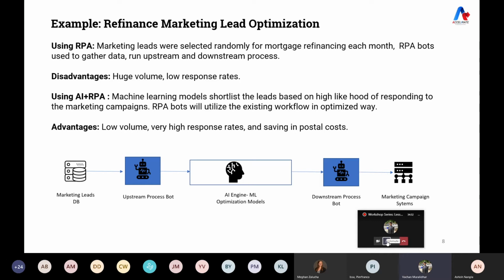So it picks a certain subset of the customers who are likely going to respond, and the RPA bots run the upstream and downstream processes. This way, we are optimizing the entire marketing campaign by reducing the volume they are sending. At the same time, the response rates are much higher, which leads to huge savings in the postal costs.